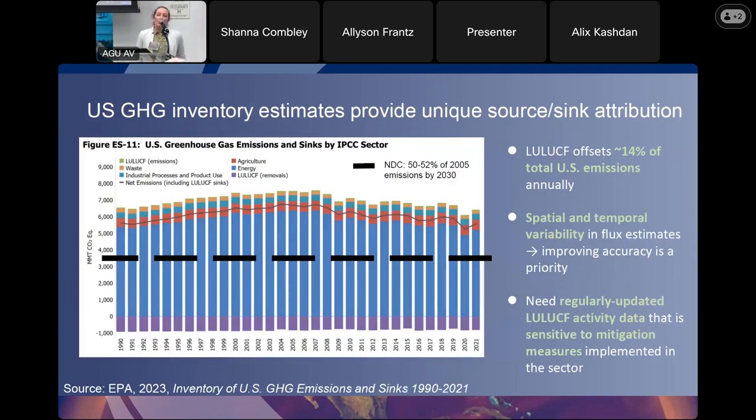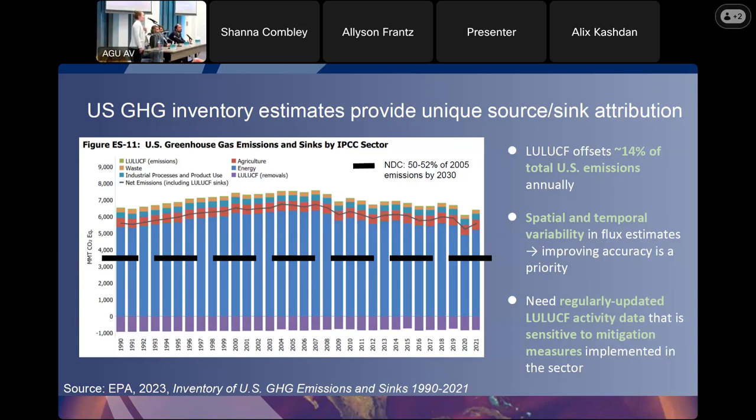With these activity-based approaches to building a greenhouse gas inventory, the inventory has a unique strength in its ability to attribute emissions and removals specifically to these biological fluxes, to specific sources, and to specific spatial scales. This graph shows US emissions across the entire time series that are reported to the UN.